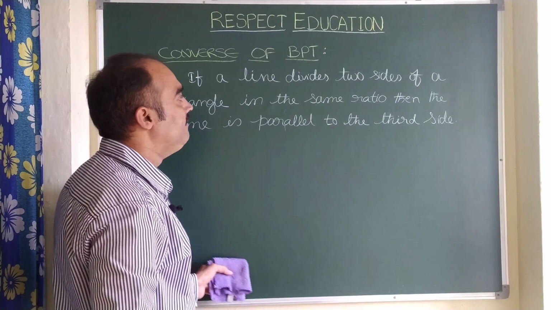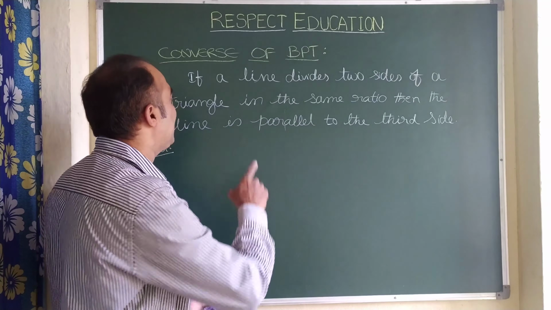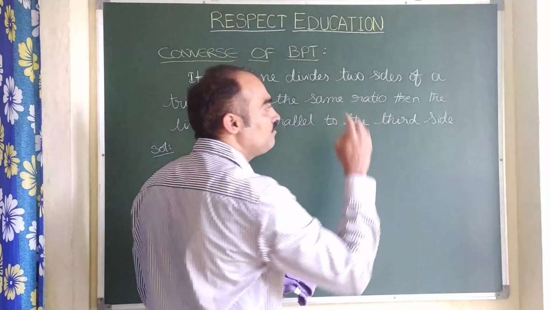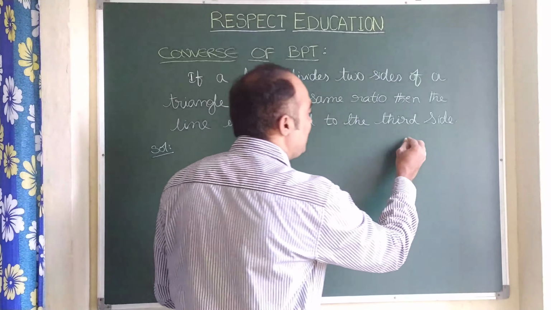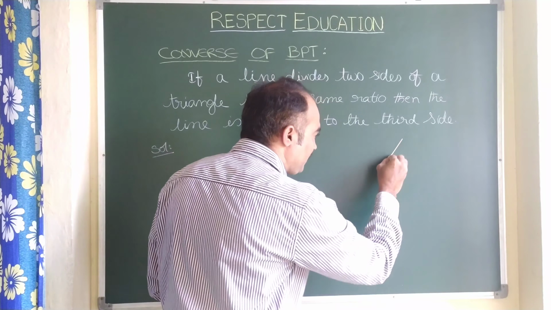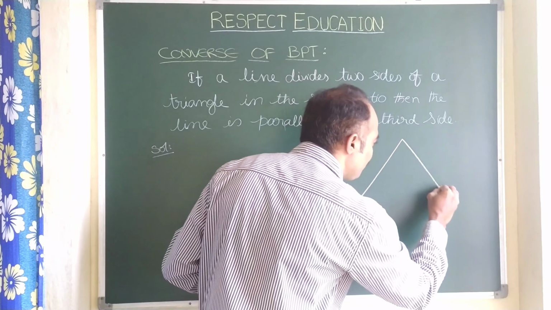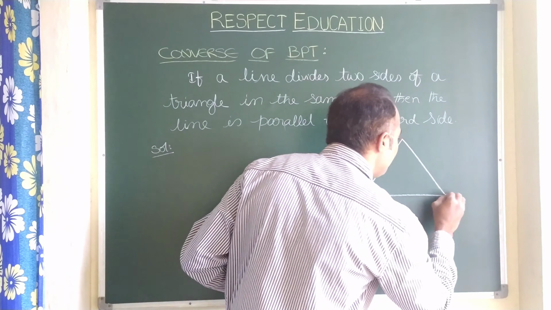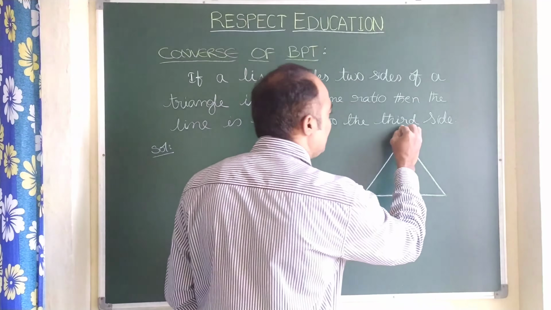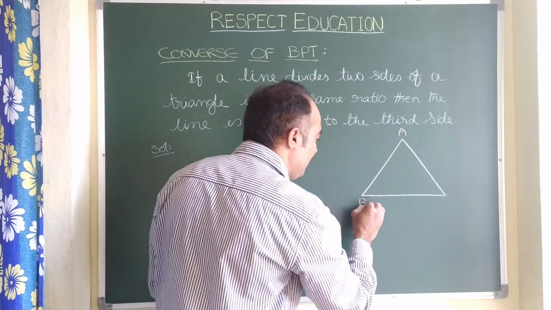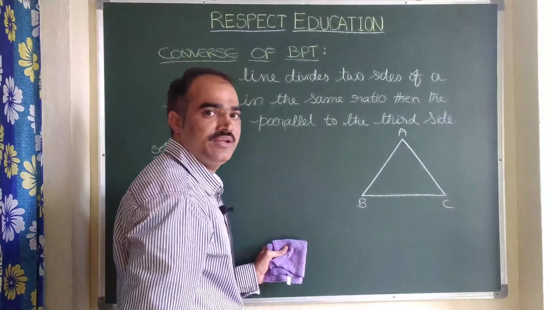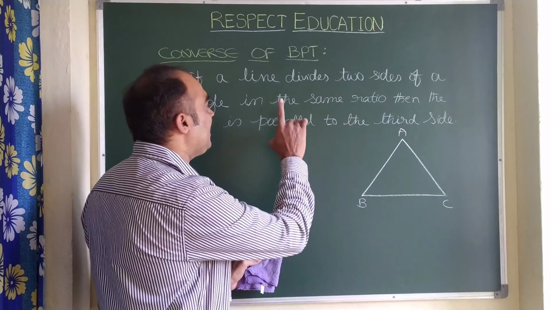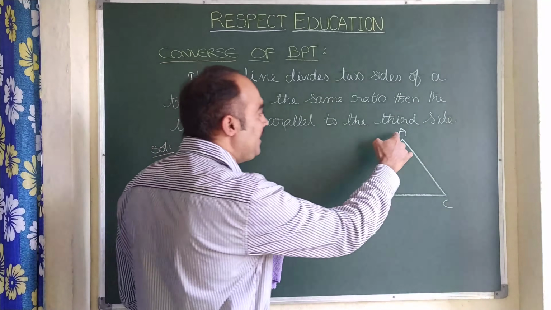If a line divides two sides of a triangle in the same ratio, for example here let us consider a triangle, name it as ABC, and we take a line that divides any two sides.